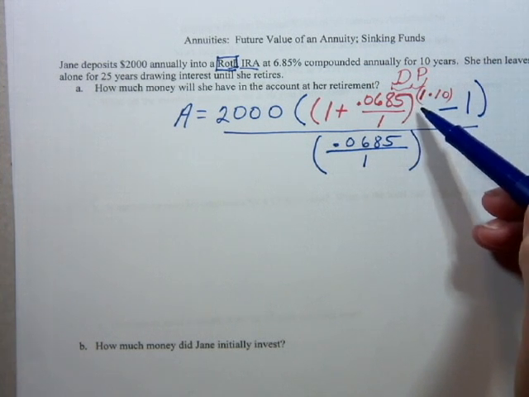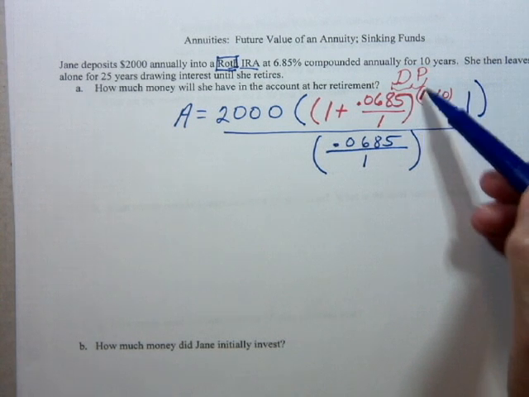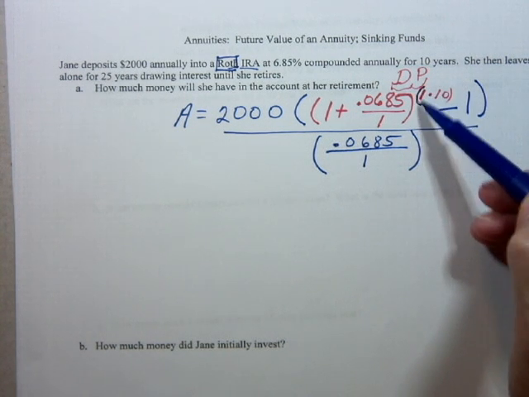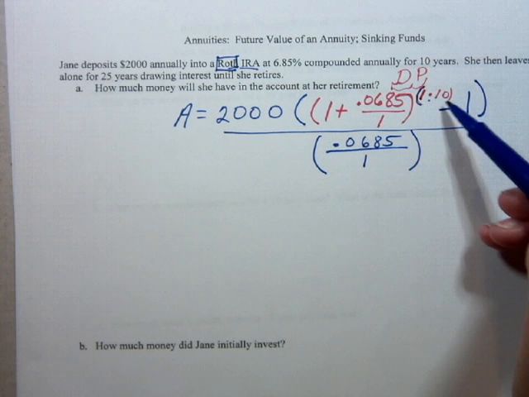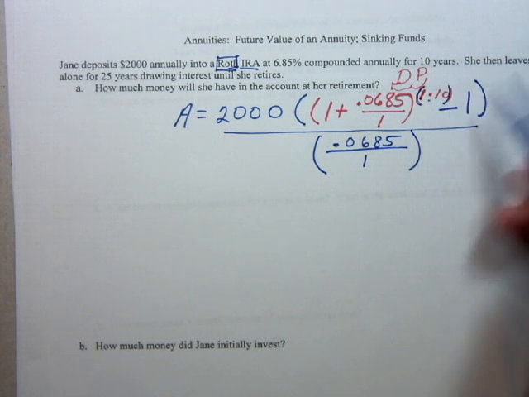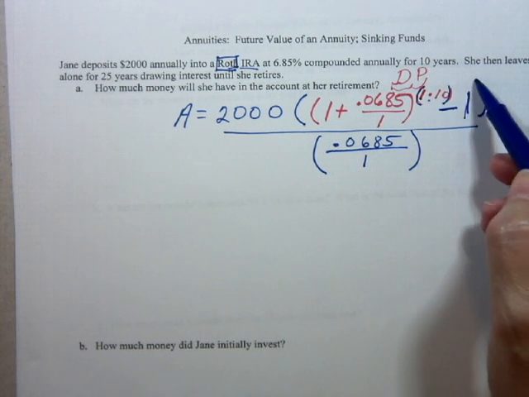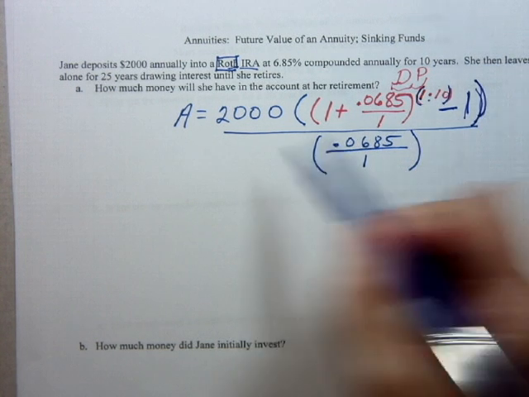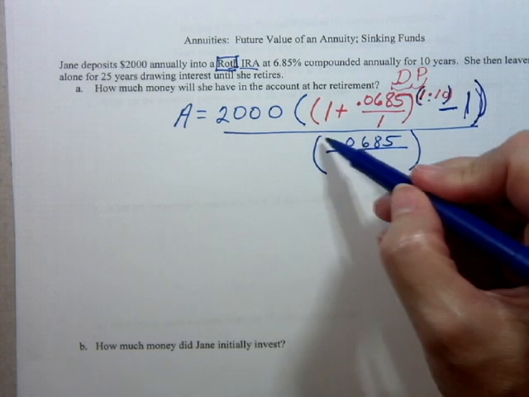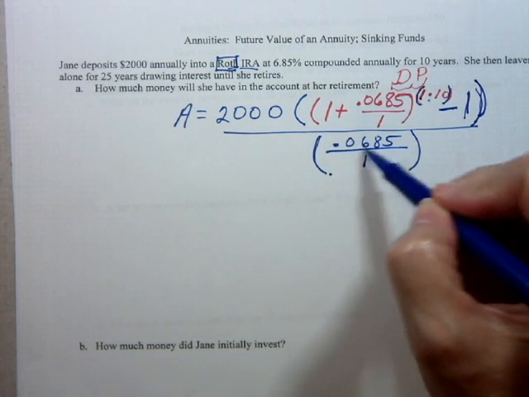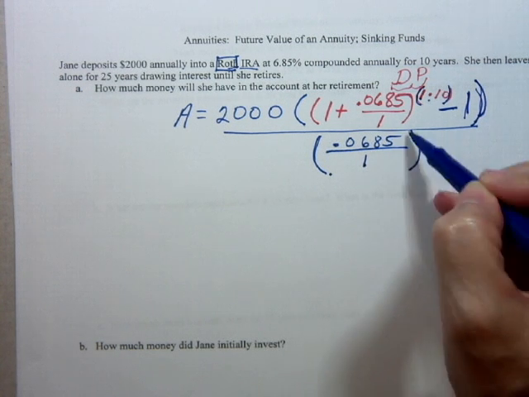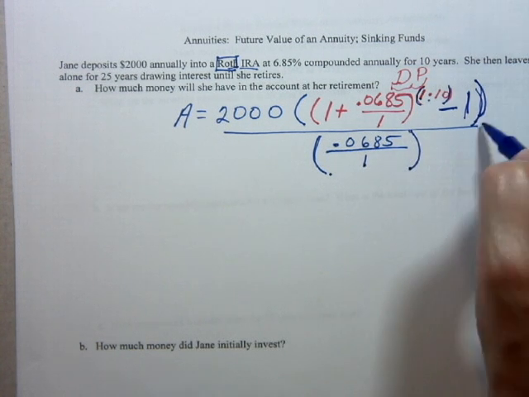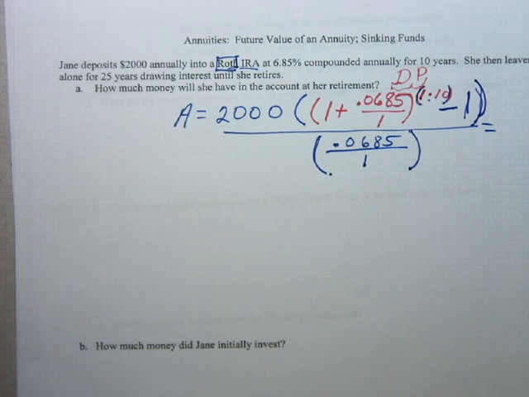Whatever you do to get into the exponent, parenthesis, 1 times 10, end parenthesis, minus 1, end parenthesis, divided by, open parenthesis, 0.0685 divided by 1, end parenthesis, and hit equals. So if you read it out loud, it will guide you.